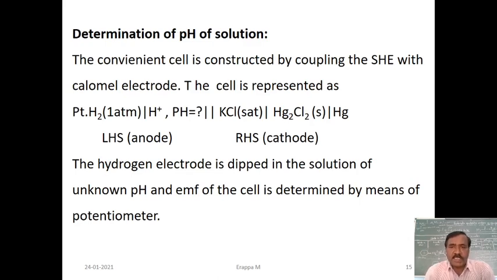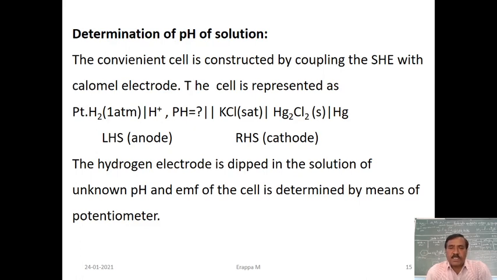Determination of pH of solution. A convenient cell is constructed by coupling the SHE with the calomel electrode. The cell is represented as: hydrogen electrode, platinum in contact with hydrogen at 1 atmosphere, in contact with H plus. In order to determine pH, I have taken the solution in a beaker.